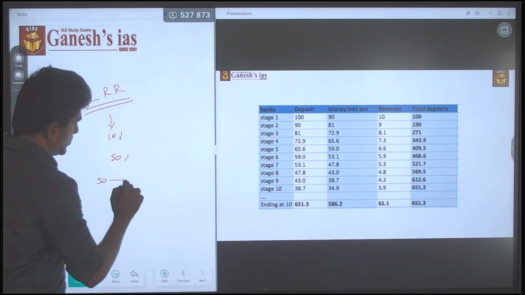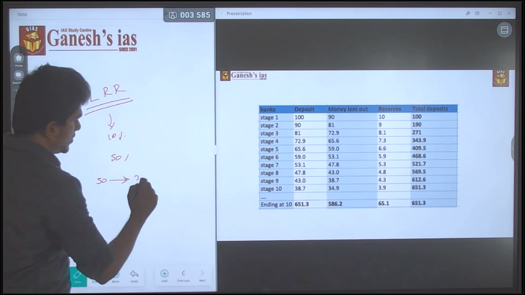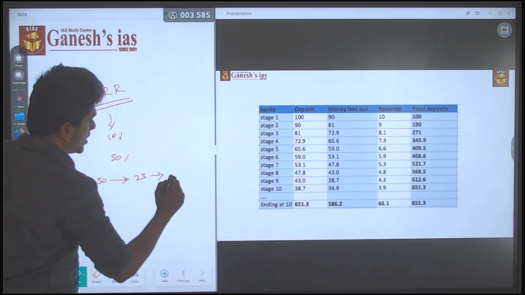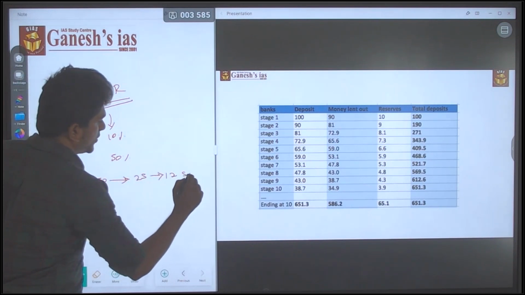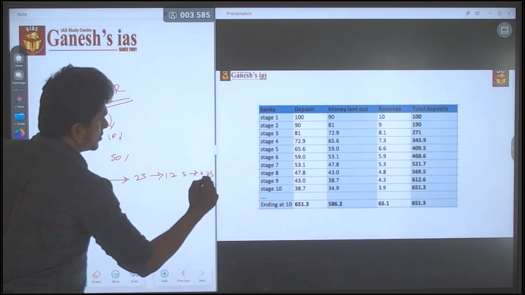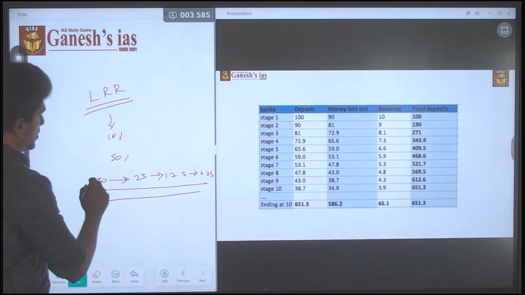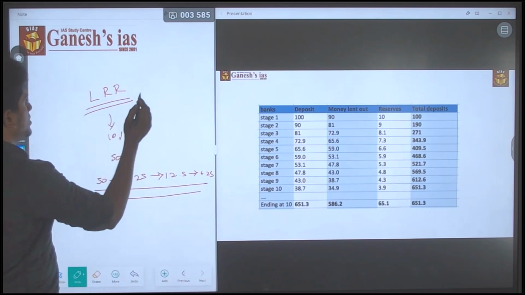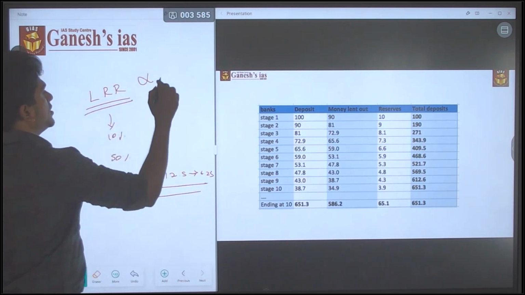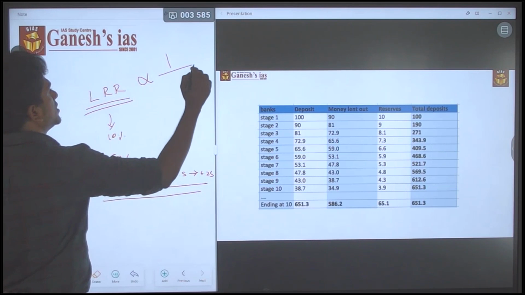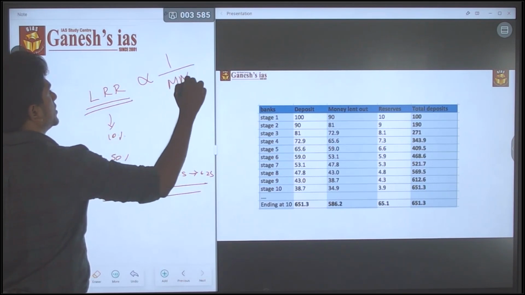Only 50 rupees will get into the market. Again it will get into the market as 25 rupees. Next it will get into the market as 12.5, 6.25. So the money multiplication process will reduce if the legal reserve ratio is increased. So the legal reserve ratio is inversely proportional to money multiplication.